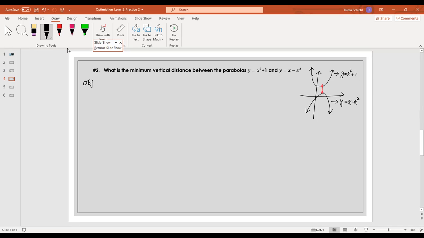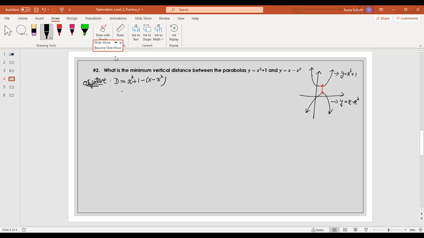So what is my objective function here? It's the distance between these two. So it's the distance again. So the distance here is x squared plus 1 minus x minus x squared, right?